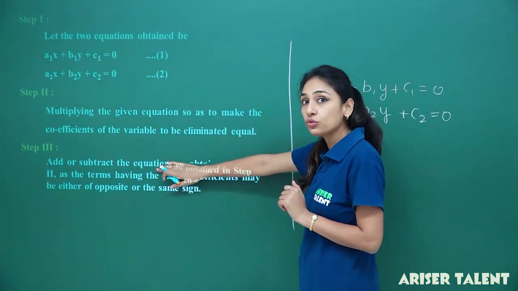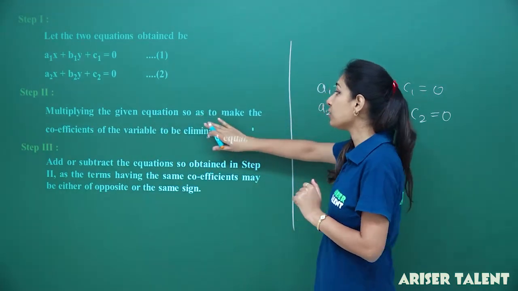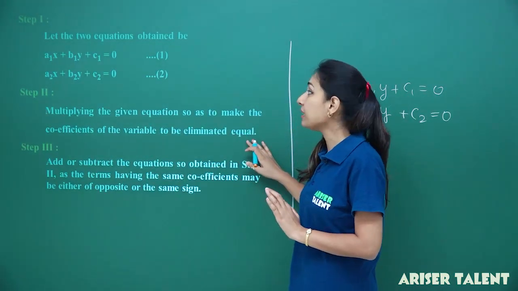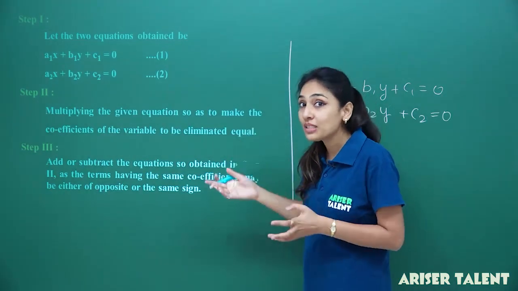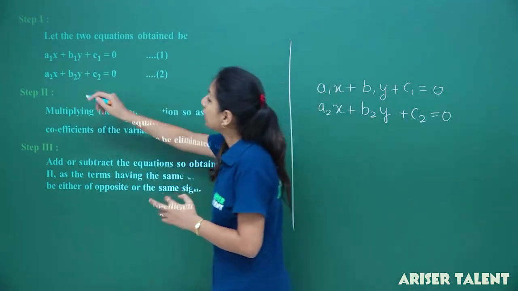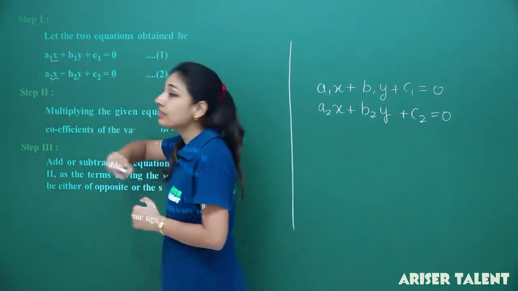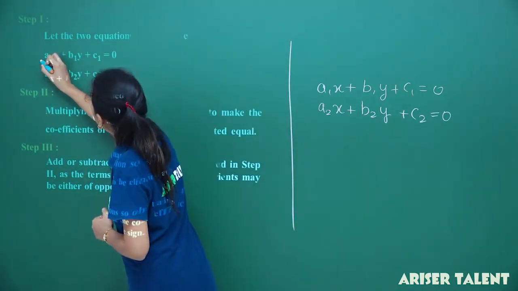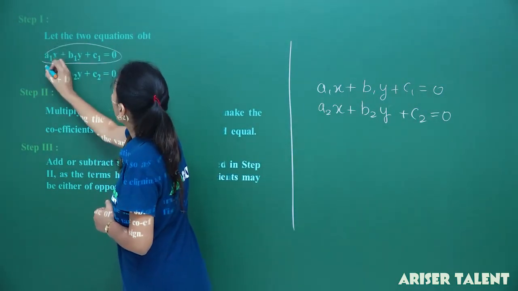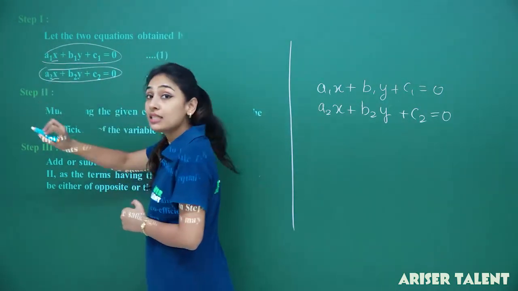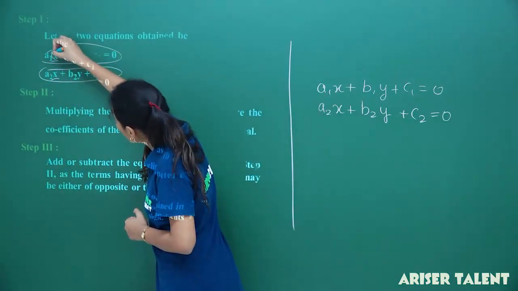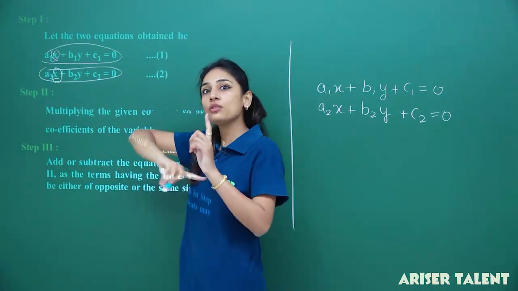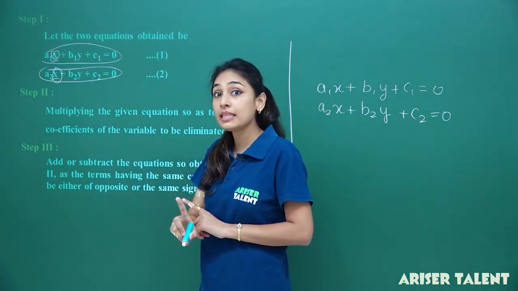Now what we have to do? We have to multiply the given equations so as to make the coefficient of the variable to be eliminated equal. That means, if I am talking about this x, I have to eliminate this x. What I have to do is convert this equation or this equation such that the coefficient of x here and the coefficient of x here will be the same.